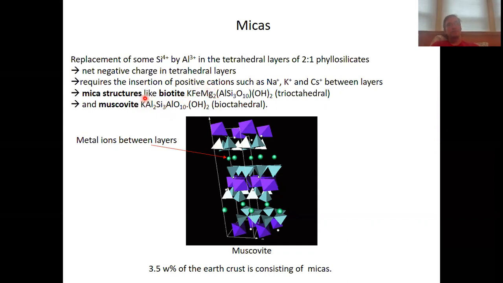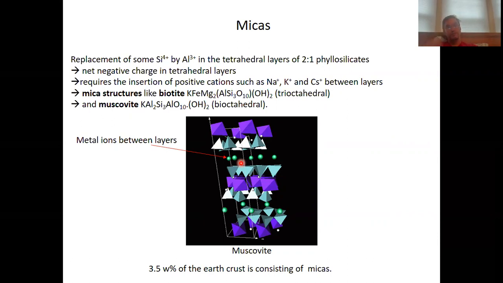Okay, so the exact composition is potassium, aluminum, silicon, aluminum, oxygen, hydroxide. Okay, you see here the structures. So you see here the 2-to-1 layer. Okay, and now you have ions, for instance, potassium or iron or other cations in between these layers.